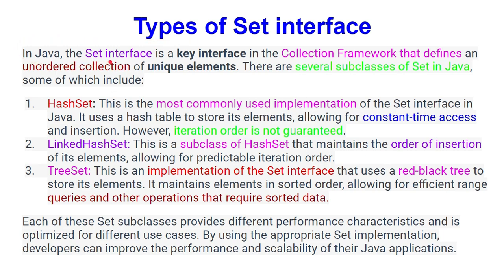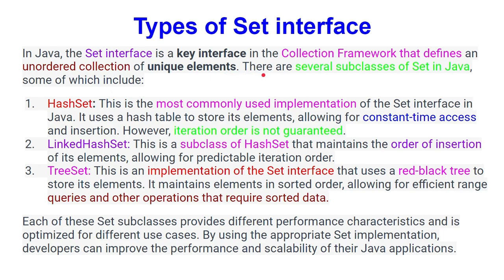In Java, the Set interface is a key interface in the Collection framework that defines an unordered collection, meaning it will not maintain the insertion order. It is an unordered collection of unique elements, and it will store unique element values inside the Set. If you store a duplicate, it will not take it.